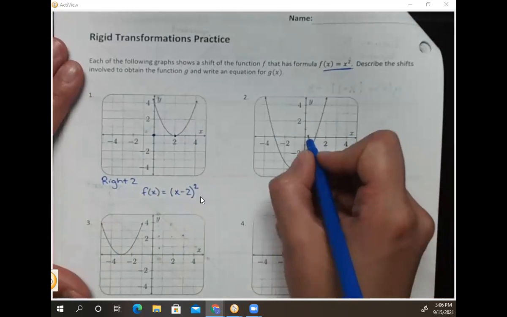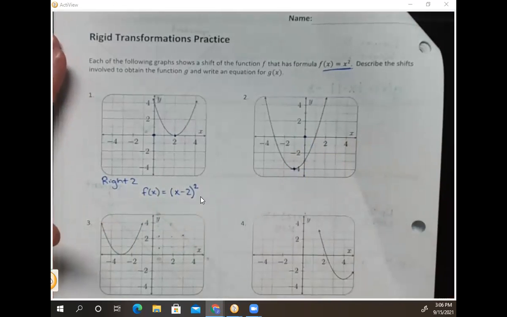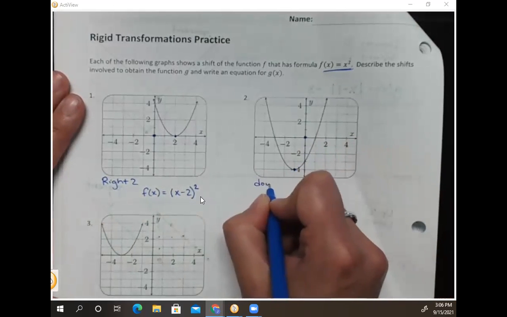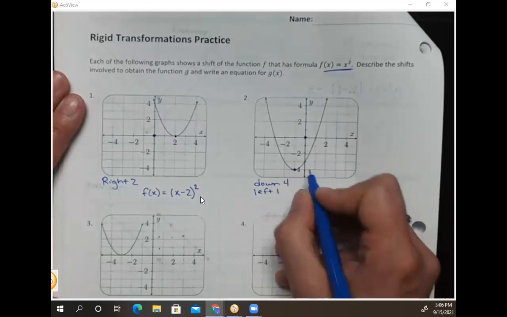How about number 2? How did I get from my original to my new center point? That point is actually called the vertex. Down 4, left 1.